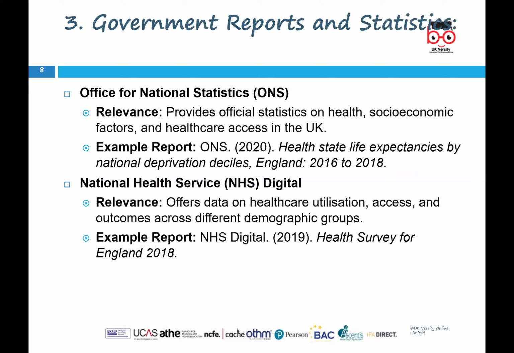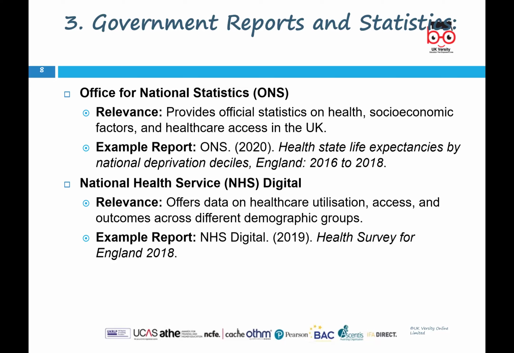Then you have government reports and statistics. So you have the Office for National Statistics, which provides official statistics on health, socioeconomic factors, and healthcare access in the UK. So this is particularly for the UK. If you want some other country, you would have to go for that. It tells you the health state and life expectancies by national deprivation in deciles.